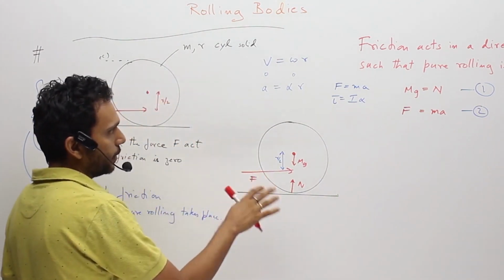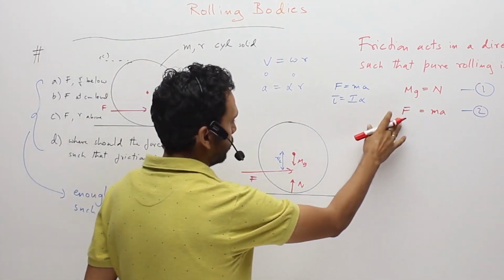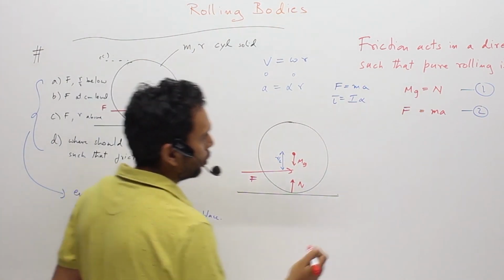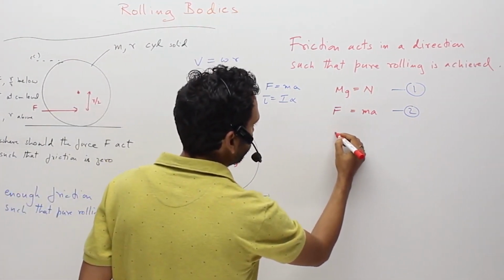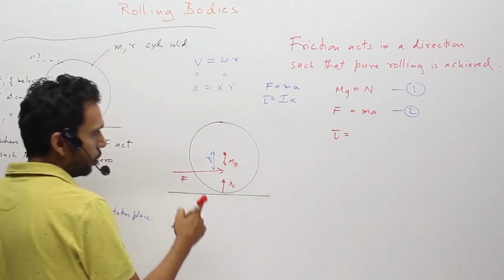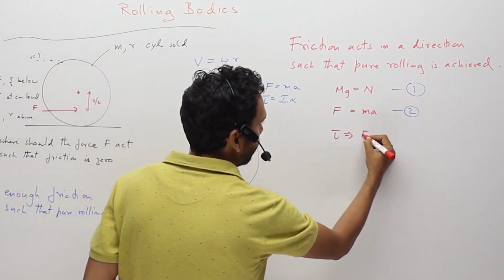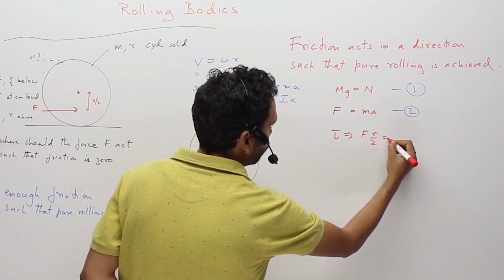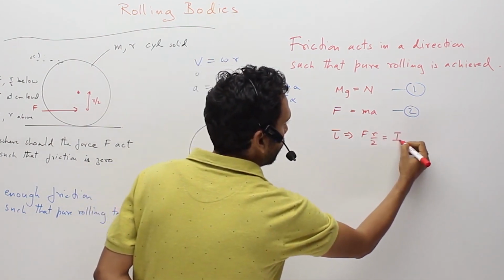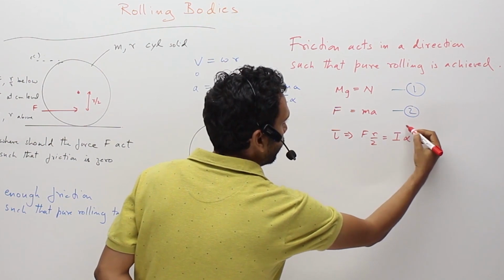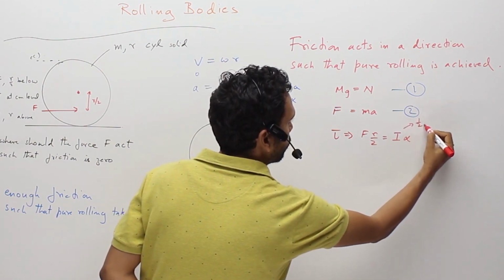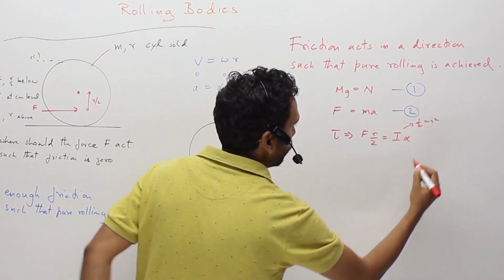And if there is no friction acting, then this is the only force. Next is your torque. What is the torque? Torque is equal to force into force arm, that is F into R by 2, which should be equal to I alpha, where your I is half mr square.